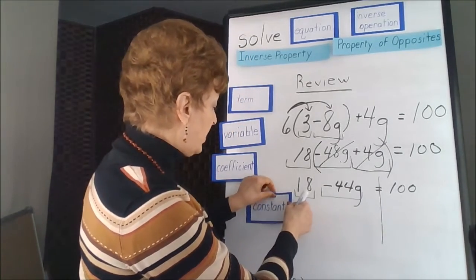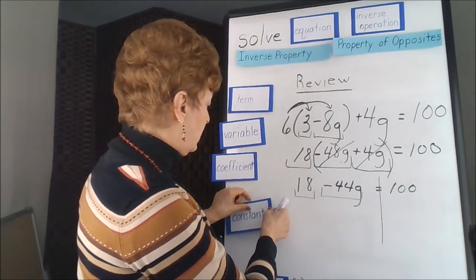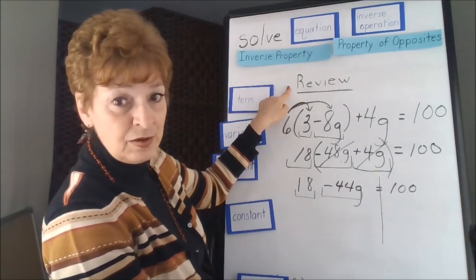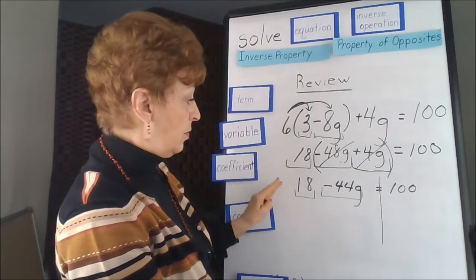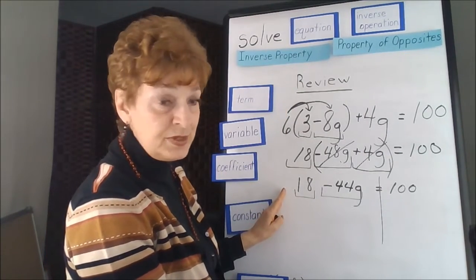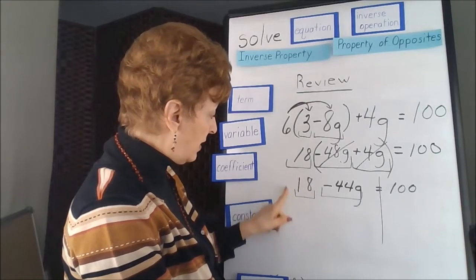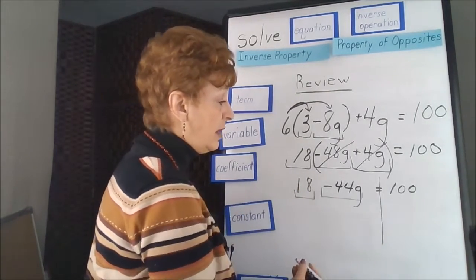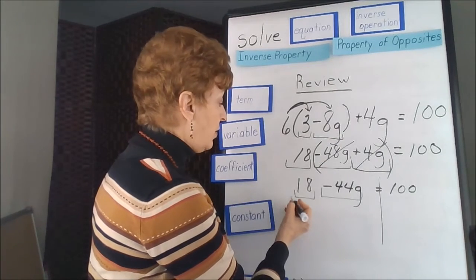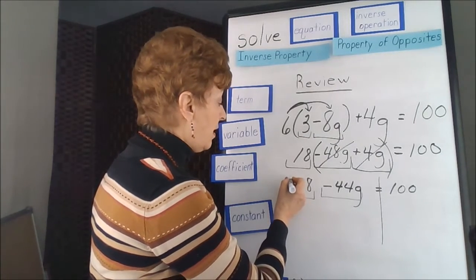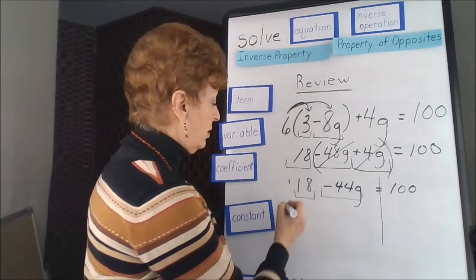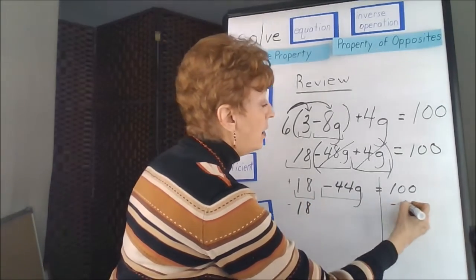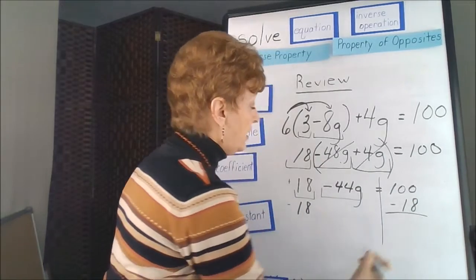So the very first thing that I do in this next step of algebra, and I've taken you through some of the review, now I'm going on to what's called a 2-step equation. I'm going to take the constant and move it to the other side of the equation. That's done through the opposite of this addition, which is subtraction. So I'm going to subtract 18 from both sides of this equation.